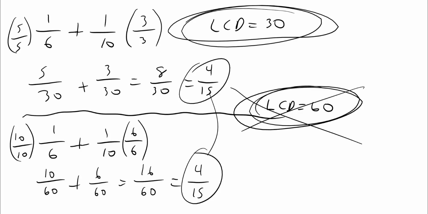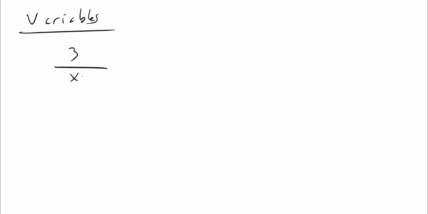Okay, let's throw some variables in here now, because it's not that much more challenging, but let's just do that, okay? So this is with variables. So if I have 3 over 5x squared plus 2 over 7x.